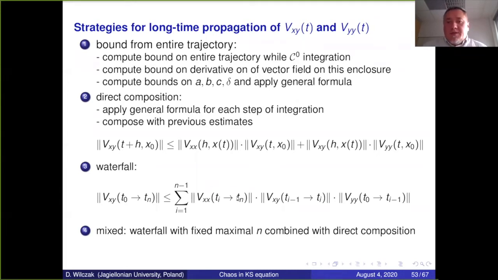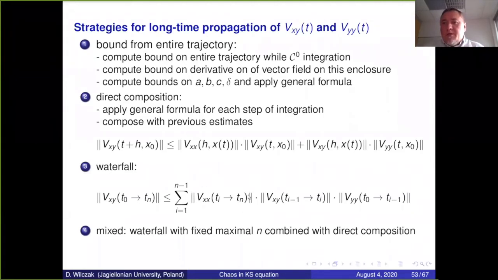What is the difference? The difference is that here we have multiplication by the norm of Vxx from time ti to time tn. And we allow the dynamics to help us. If we do multiplication by a one-step matrix, we multiply norms of matrices, which are often bigger than one, and we have exponential growth of numbers.